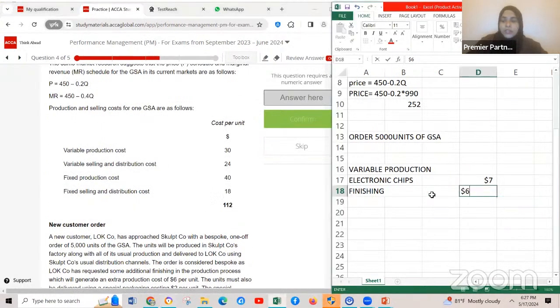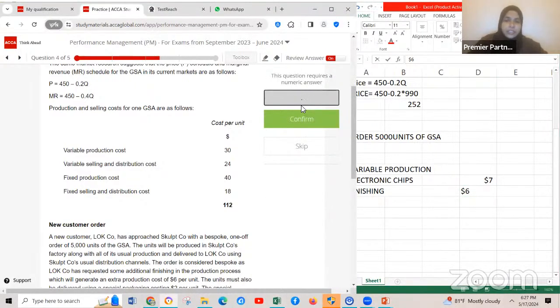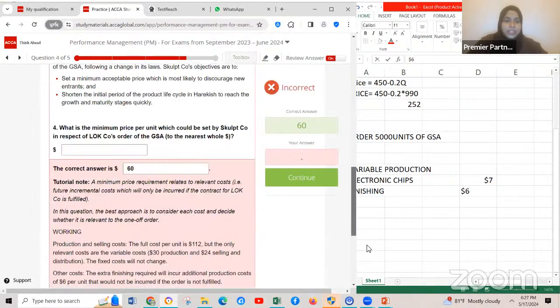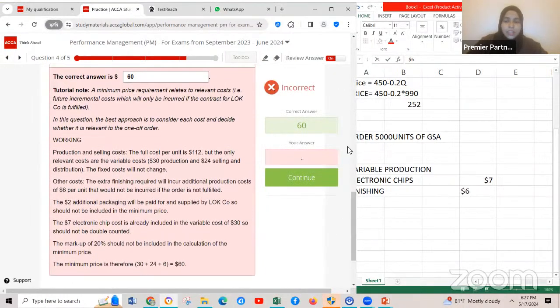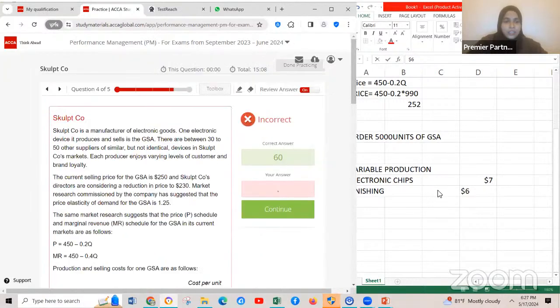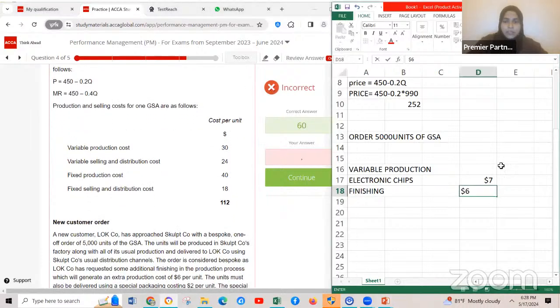So for this also, we'll have to incur the other variable production cost, right? We can take it like this. Let me show that. So how we take this is, yeah, we will have to take the normal cost. There is a variable production cost of 30.